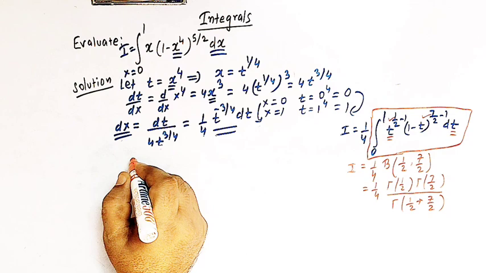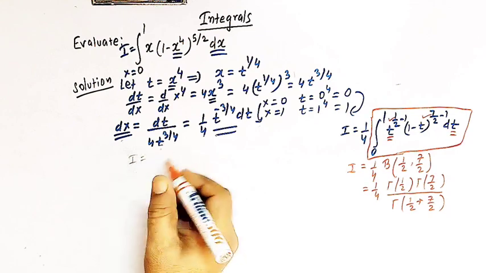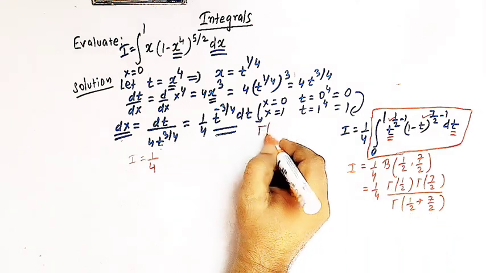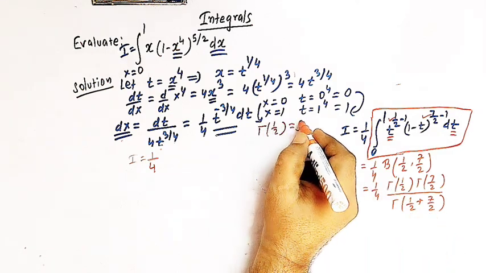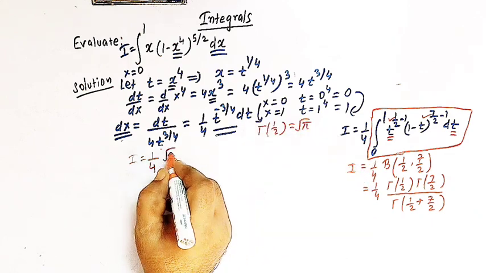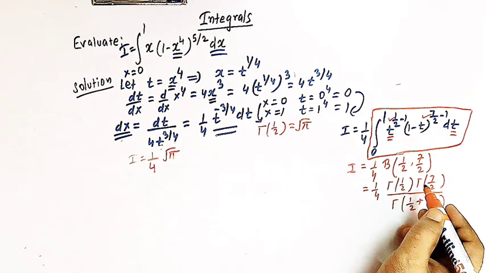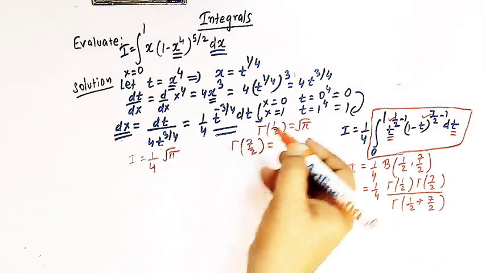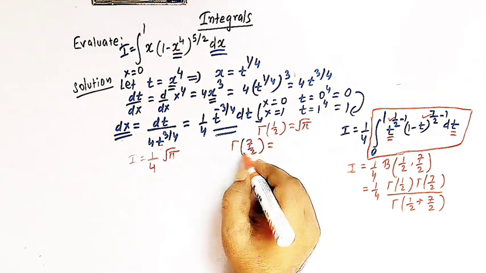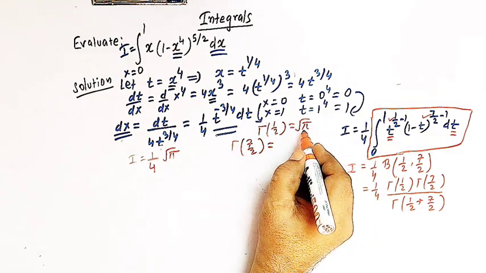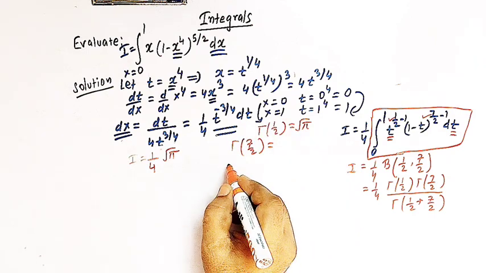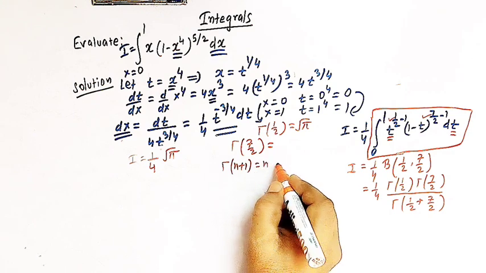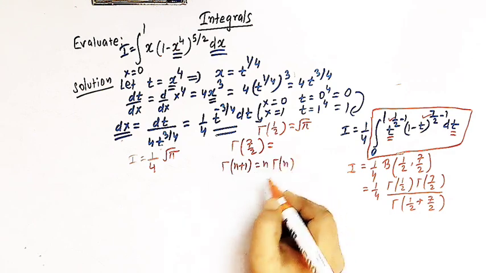So now I can be written as 1 by 4. Then we have gamma of half. Gamma of half is equal to square root of pi. So here we have square root of pi. Now gamma of 7 by 2 can be expanded, or it can be written in terms of square root of pi by using this relation, that is gamma of n plus 1 is equal to n times gamma of n, right?